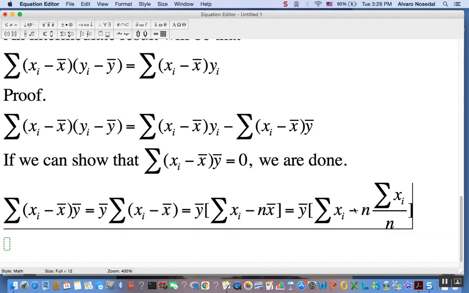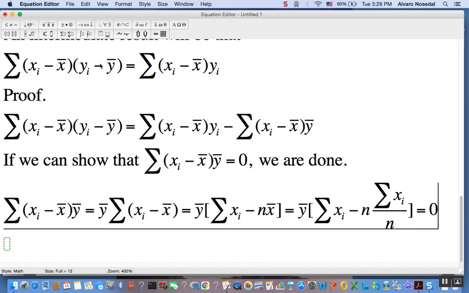You have the sum of xi minus the sum of xi's, so this is going to be 0. Got it? So let's summarize. We wanted to show that the sum of xi minus x bar times yi minus y bar equals the sum of xi minus x bar times yi.